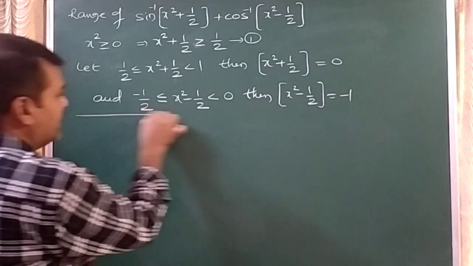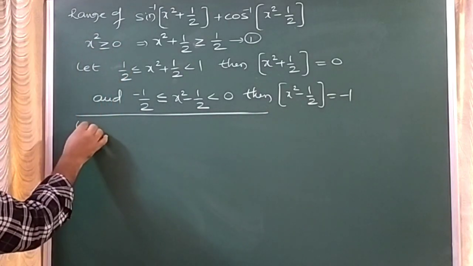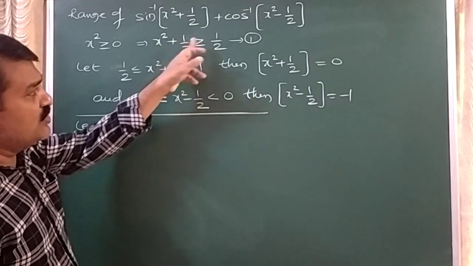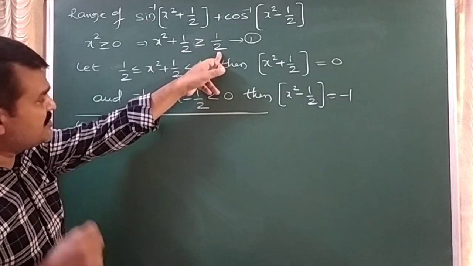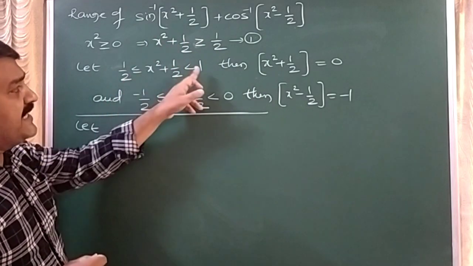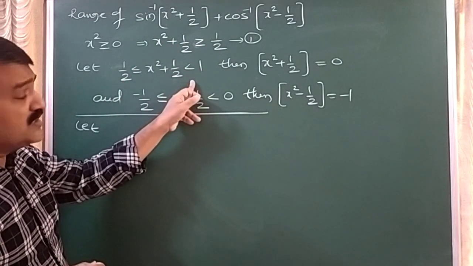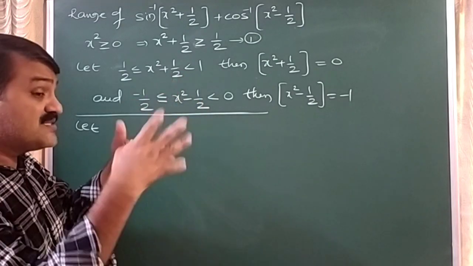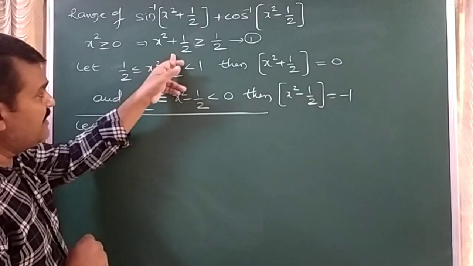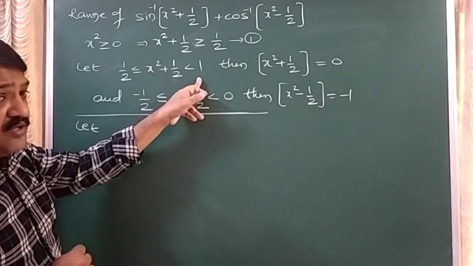Okay, right. Let us go to the next case now. Observe x² + 1/2 greater than or equal to 1/2. In the first case I took x² + 1/2 between 1/2 and 1. Next I will take the next two integers. Between 1/2 and 1 we have taken, no?